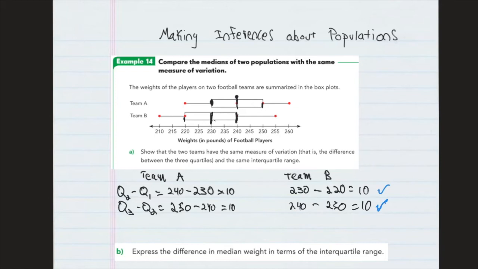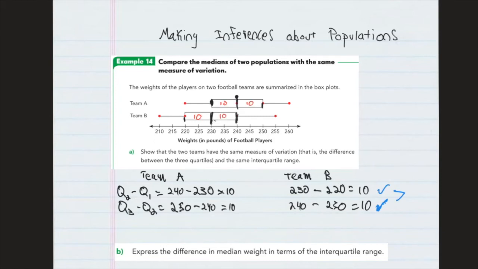Now, what's interesting is that if these two are both equal, then the interquartile range is going to be equal. Because when you think about it, this was 10 for both, right? And then this was also 10 for both.